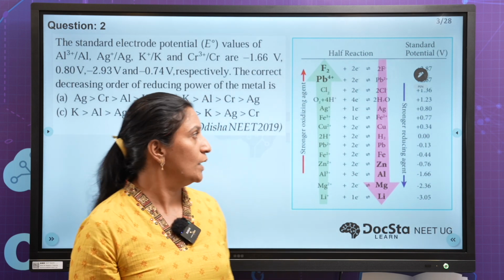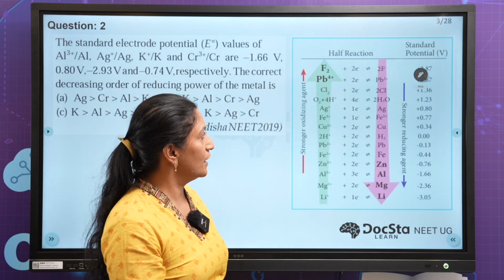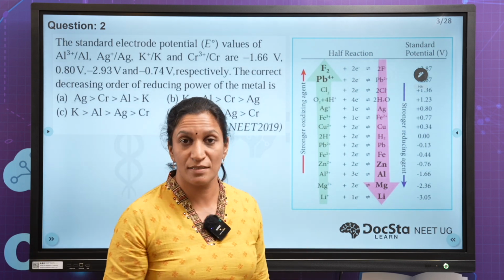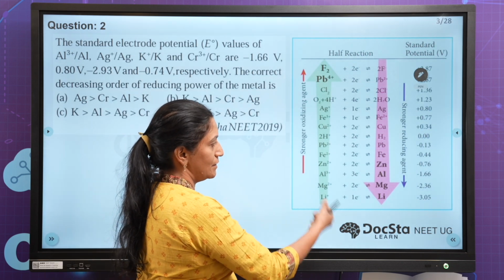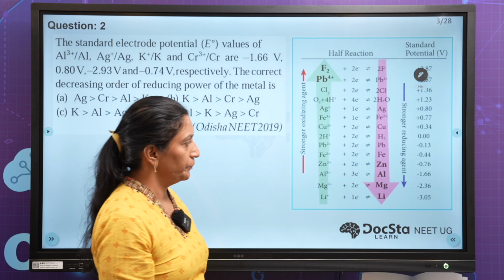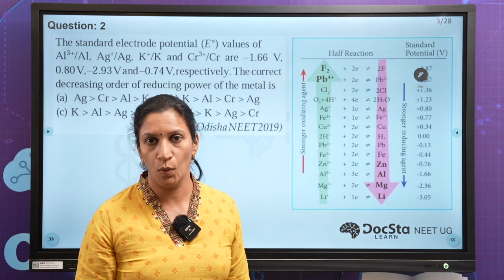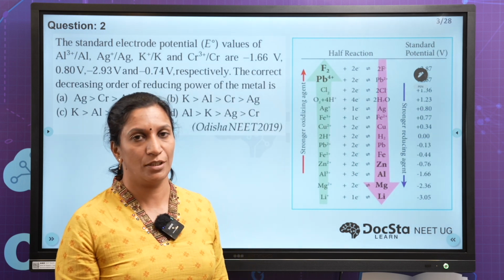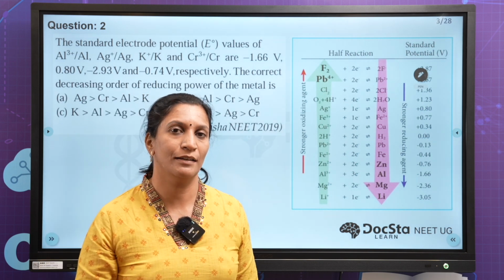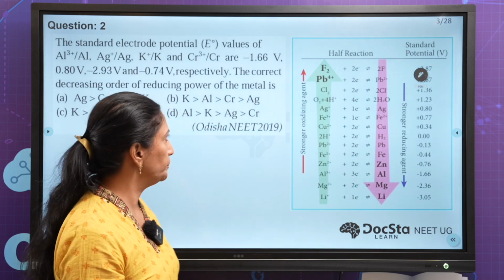Electrochemical series, we know it's a series in which the various elements are arranged in the decreasing order of their standard reduction potential. ഇവിടെ കാണിച്ചിട്ടുണ്ട് ഇലക്ട്രോകെമിക്കൽ സീരീസിൻ്റെ ഒരു വ്യൂ. അപ്പം നമുക്കറിയാം more the positive value of E0, it is a powerful oxidizing agent എന്നാണ് പറയുന്നത്. നെഗറ്റീവ് ആയിട്ടുള്ള ആരുടെ വാല്യൂ ആണോ കൂടുതൽ, it becomes a powerful reducing agent.